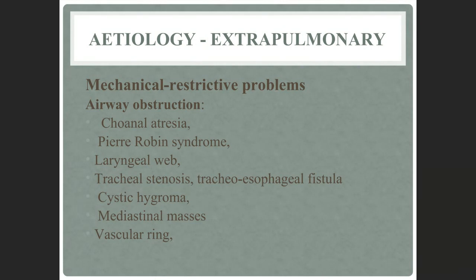So when you see a baby that is blue, and then the baby gets agitated and becomes pink, that's a classic example of choanal atresia. That's how they present. If you have any baby that is blue and starts crying for whatever reason and becomes pink, that should be the first reason you think of why this baby is having problems with breathing and becoming blue and hypoxic.